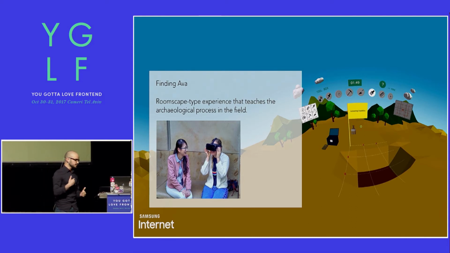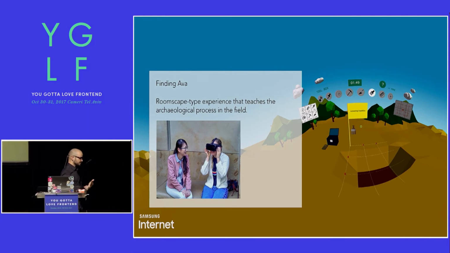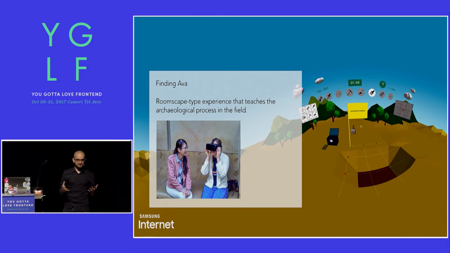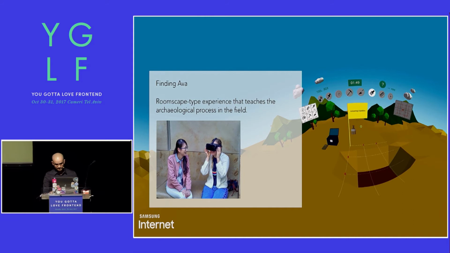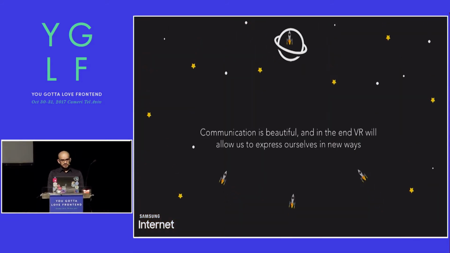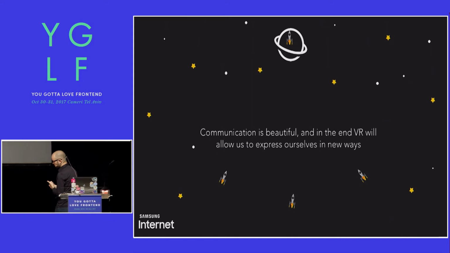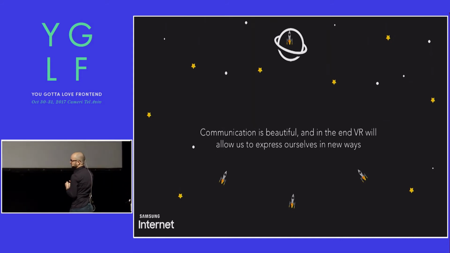So again, it really shocks me how much we can do when we get this type of technology into the hands of users. Communication is indeed beautiful, and in the end, the only thing VR is doing is allowing us to express ourselves in new ways.